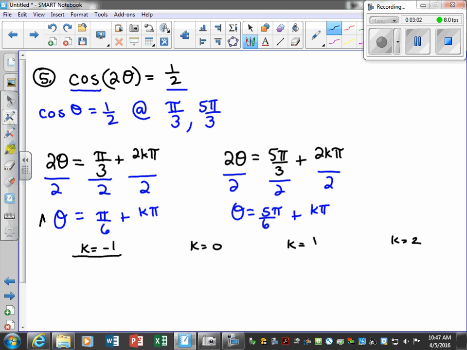So theta is equal to pi over 6 plus, this time k is -1, times pi. That gives us pi over 6 minus pi, which equals -5 pi over 6.